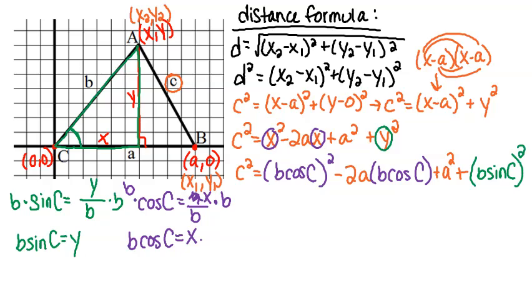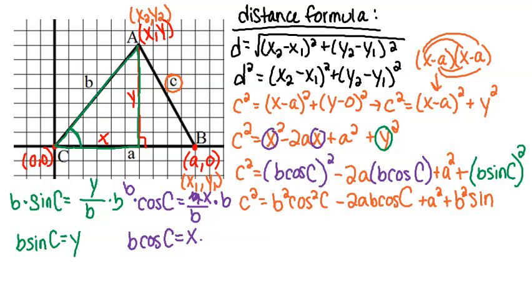And then we just have to go ahead and simplify. So squaring out our terms, we get c squared is equal to b squared cosine squared of angle C minus 2ab cosine of C plus a squared plus b squared sine squared of C.